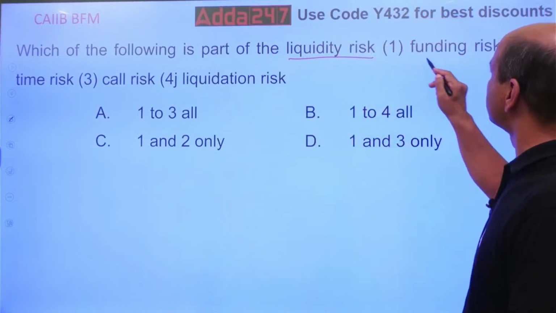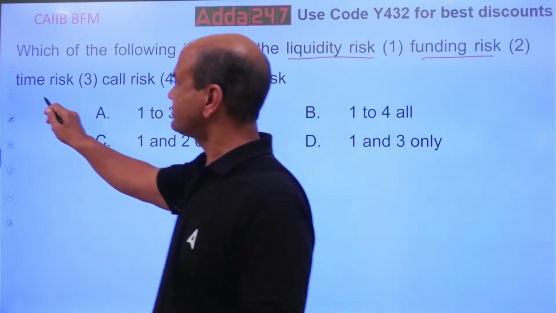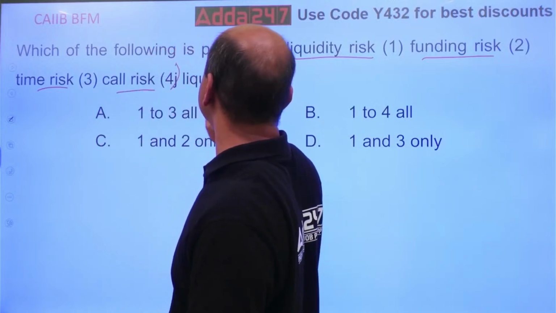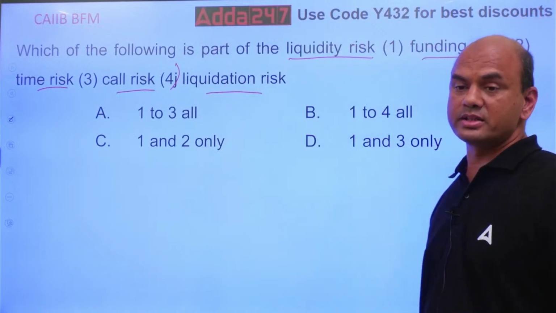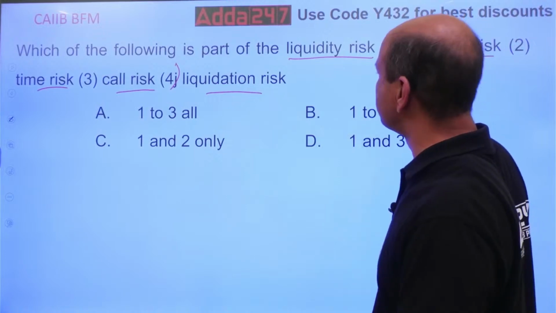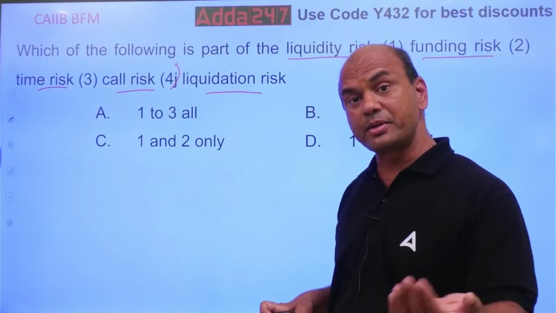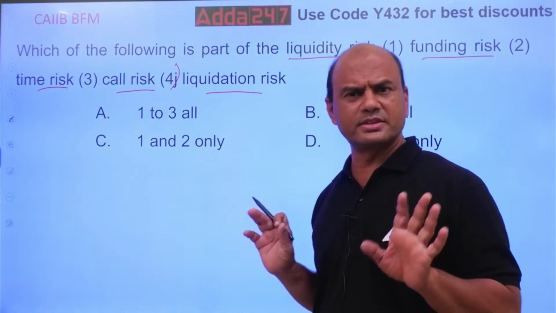So, which of the following is a part of liquidity risk? Funding risk, time risk, call risk, and fourth is liquidation risk. Funding risk means I am not having enough funds at a given or acceptable rate. Got it? So funding risk is there, obviously.